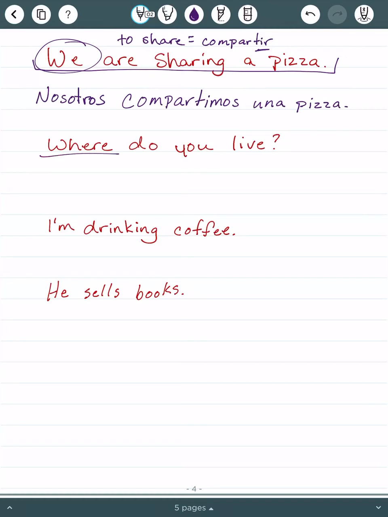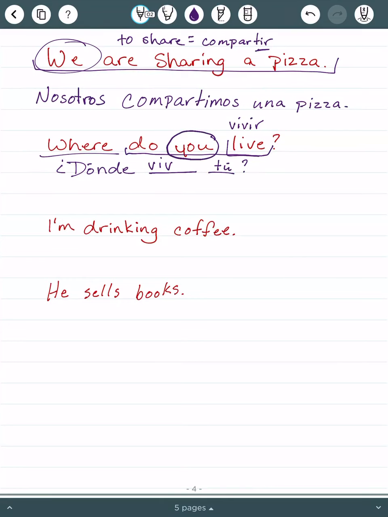Now, if I want to say, where do you live? The word where, dónde. Now, remember to say, do you live? Usually you'll put the verb first and then the subject. So let's do that. So if we're saying, where do you live? You is tú, and then to live, that's vivir.